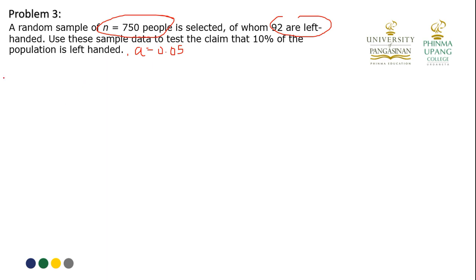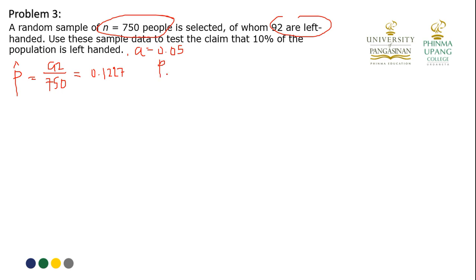So, dito tayo sa p hat. P hat is 92 over 750. So, 4 decimal places po. What is 92 divided by 750? 0.1227.